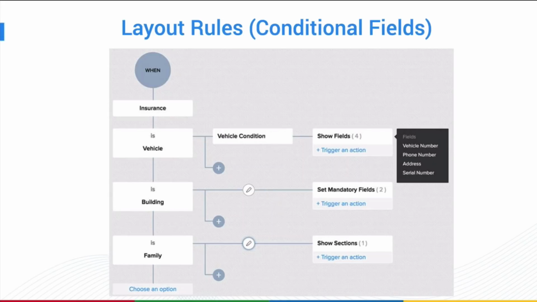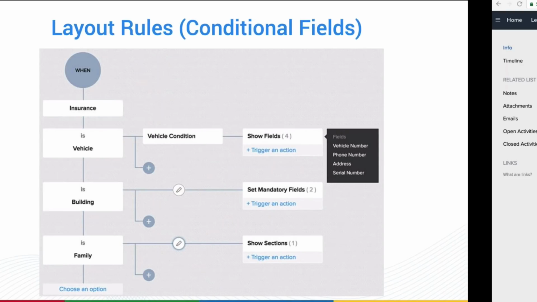If you have one specific layout for all three types, you might not be entering the details of all these types for a person who is coming for travel insurance. You're going to leave the other fields unfilled, so you don't want to see these fields inside the CRM. How do you control the way in which the fields appear based on another field value? That's using conditional fields or layout rules.